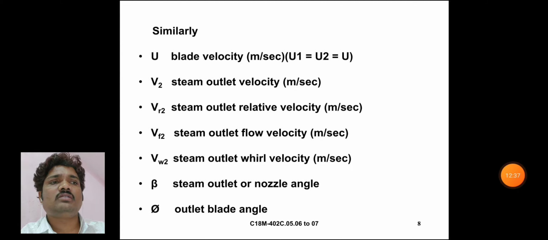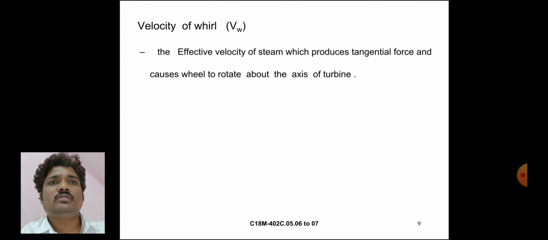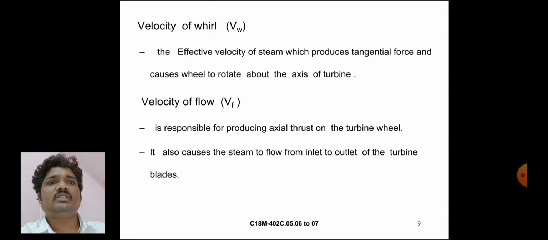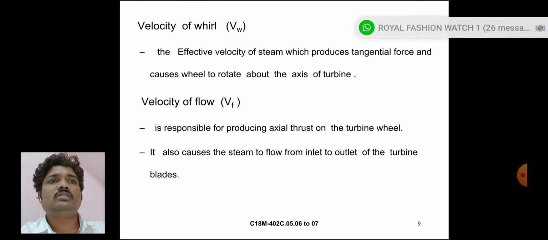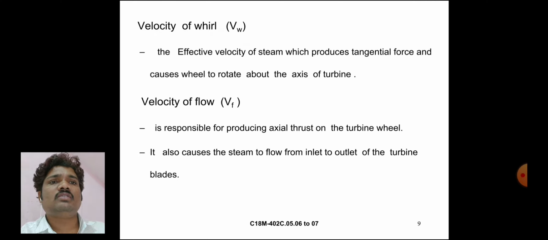The velocity of whirl is the effective velocity of steam which produces tangential force and causes the wheel to rotate about the axis of the turbine. The velocity of flow is responsible for producing axial thrust on the turbine wheel and also causes the steam to flow from inlet to outlet of the turbine blade.